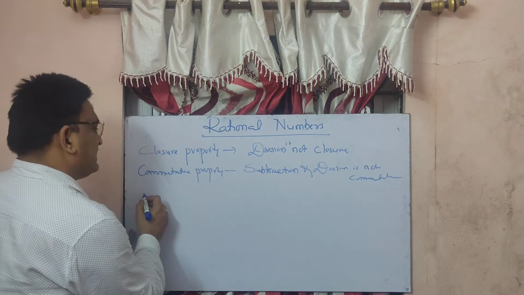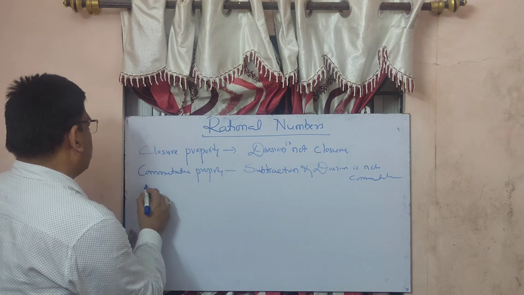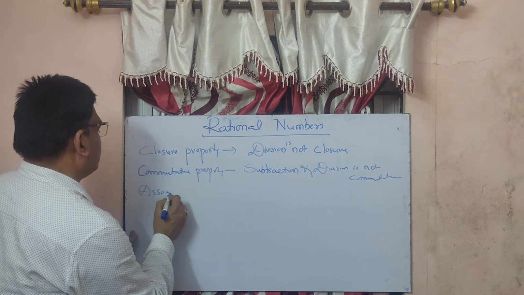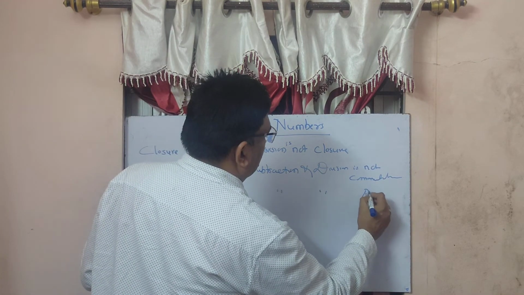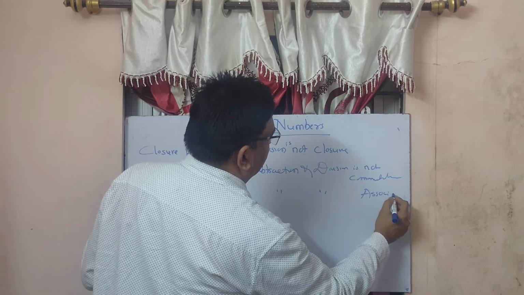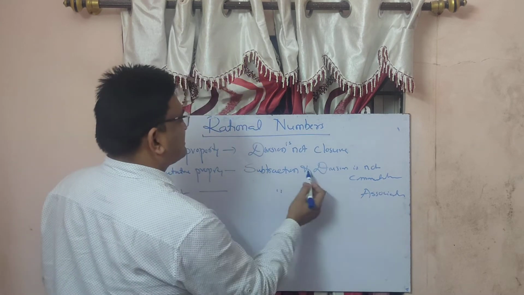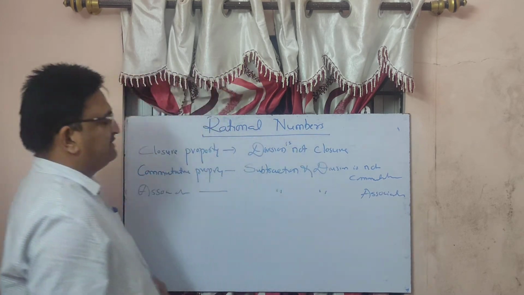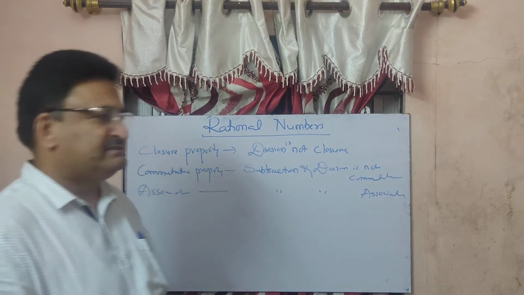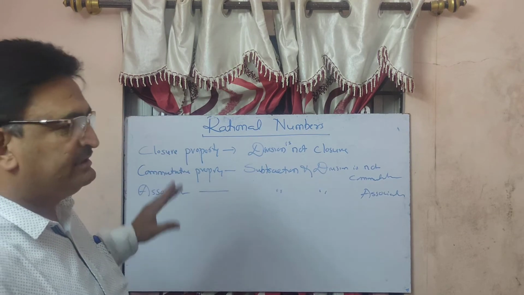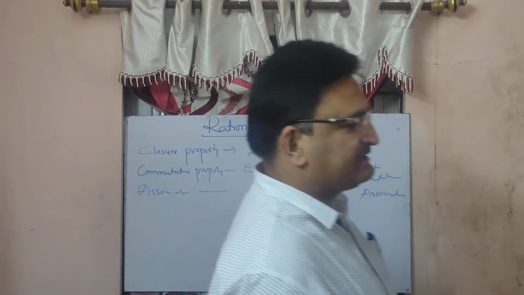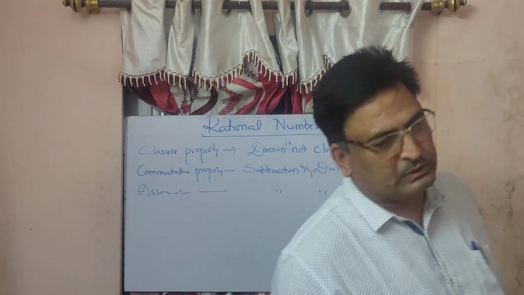Whereas in the last one, that is associative property, same thing. Not associative means subtraction and division is not associative. So this is the summary of the three properties, and the rest everything is okay.